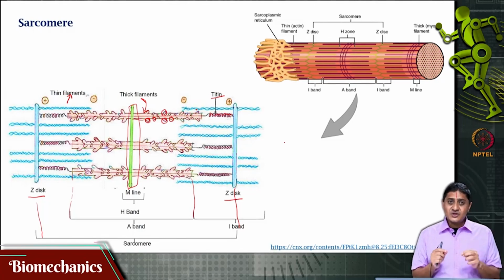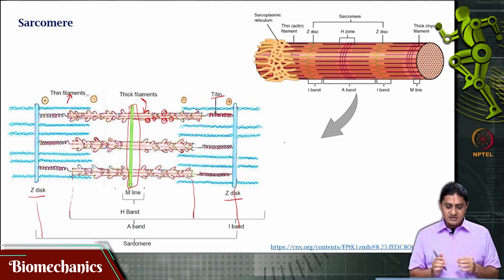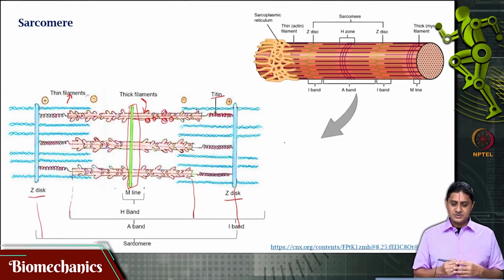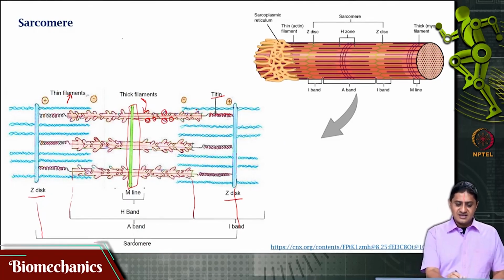We will discuss the functional details of how this happens in a future video, but here we just introduce these two notions. This thick filament is called, by its technical name, myosin.